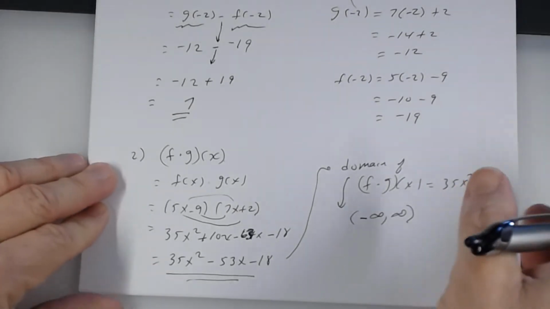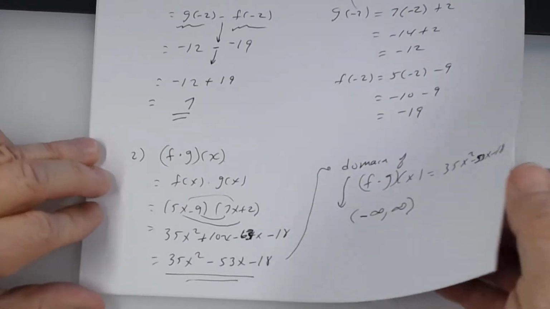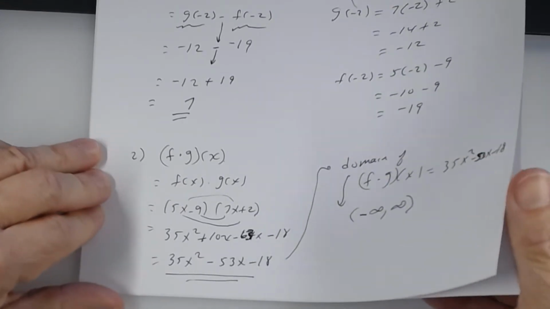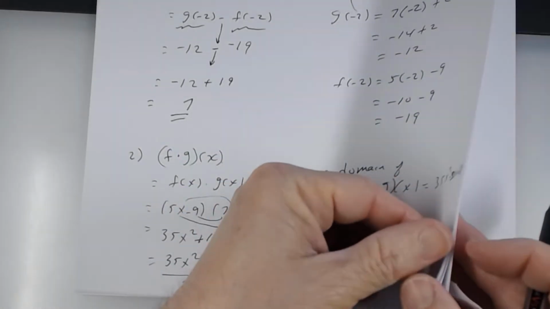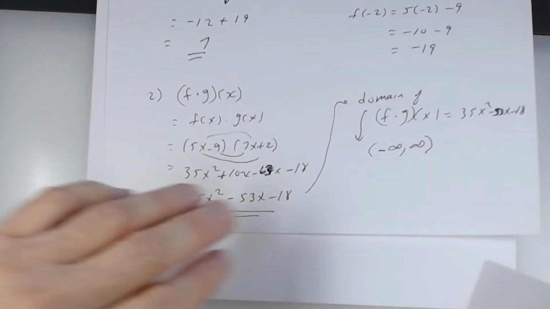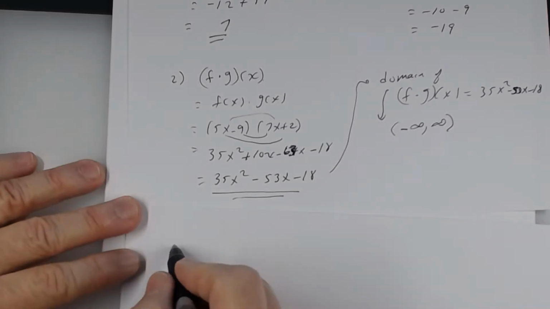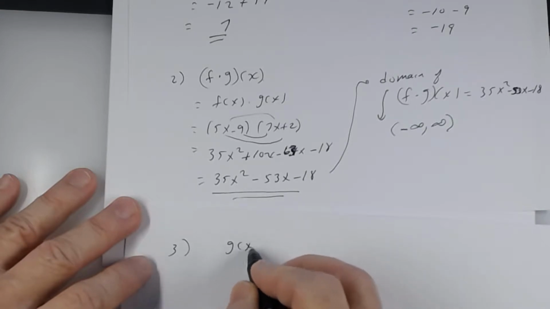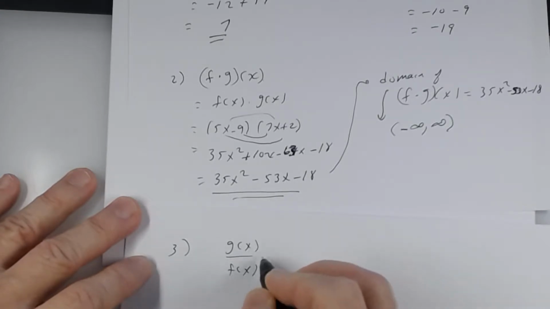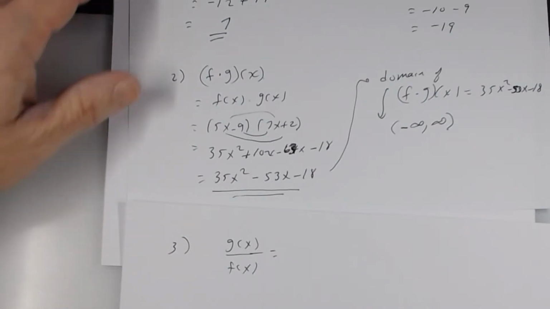All right, and then real quick, what if you had number 3? What if we had this for number 3? You had g of x divided by f of x. Well, what is g of x in this case?